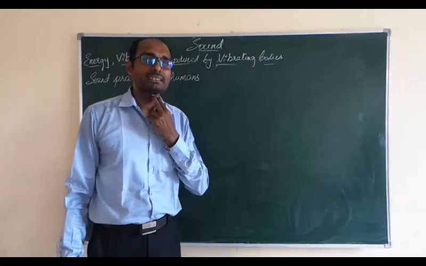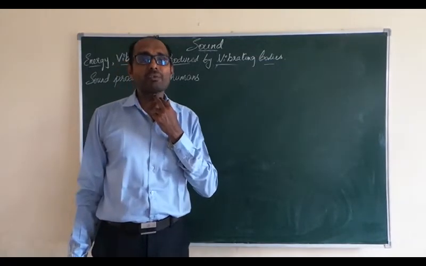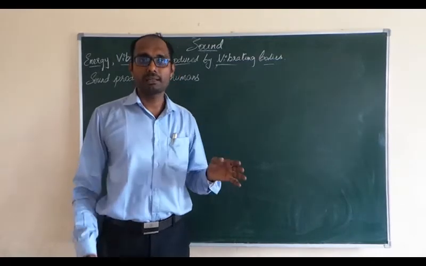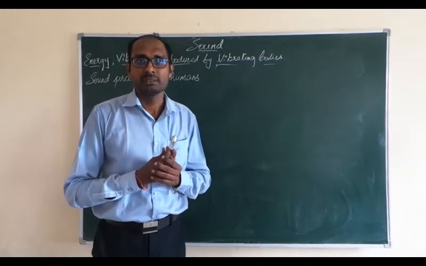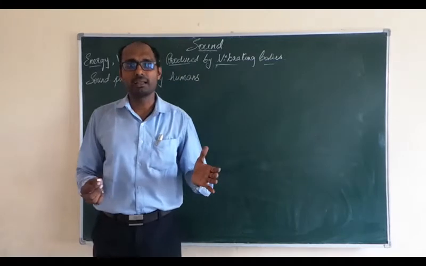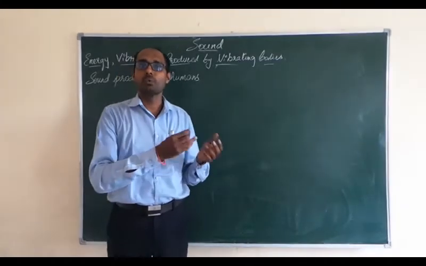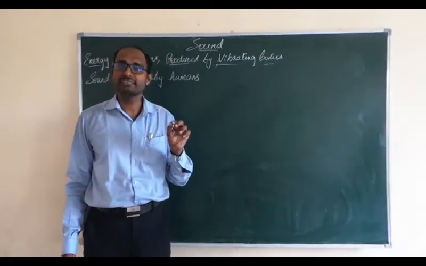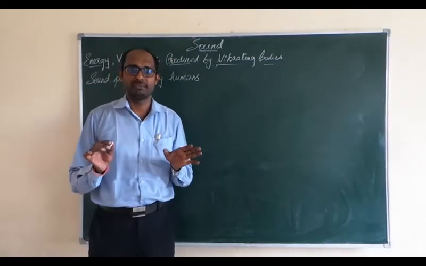Okay, now that is located. Our voice box has two vocal cords. Don't get confused. Vocal actually refers to voice. The meaning of the word cord is nothing but a string.